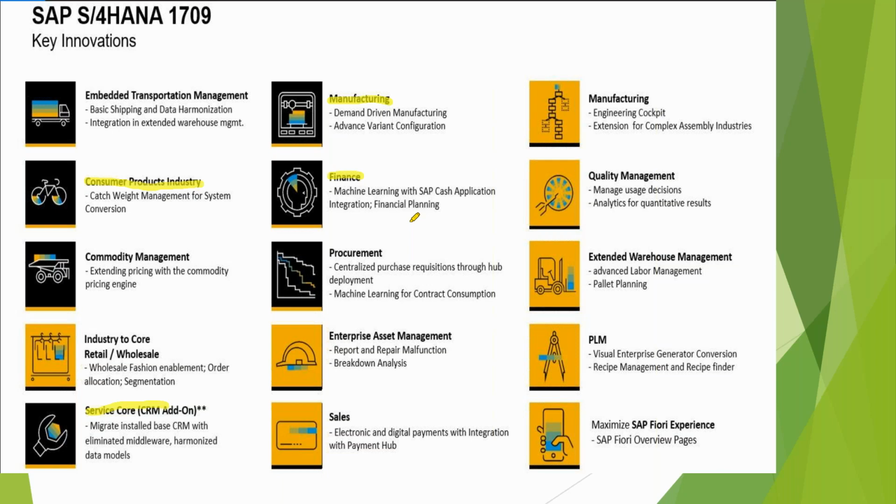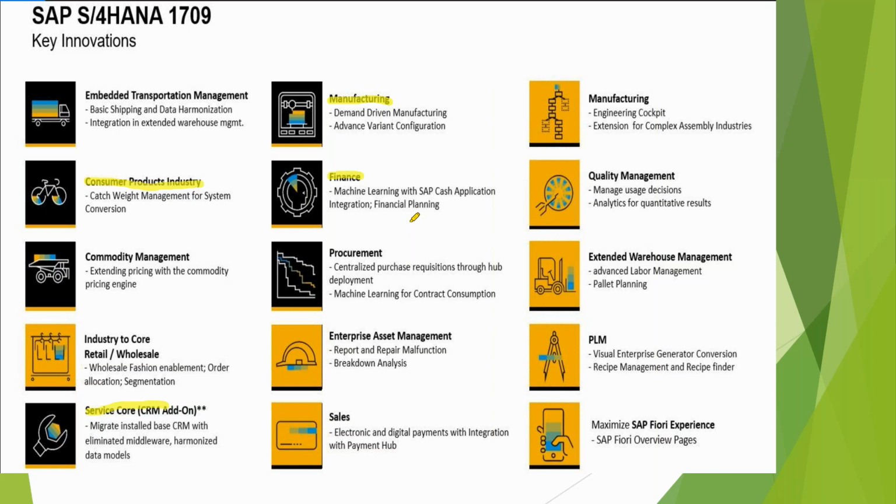Previously we used standard configurations and standard algorithm functionalities to identify your open items and clear your line items. Now with the machine learning concept, what is happening? There are some strategies which SAP has come up with. If I'm not finding a certain level of algorithm to clear my open item, the system will also check the history of my customers, right?